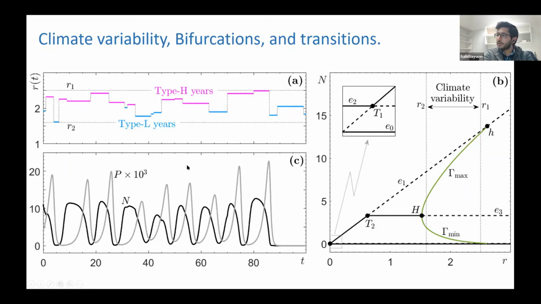So you look at the response of the system over here in subfigure C, and you see the system oscillate a little bit, and then at some point it goes to extinction. And obviously, you can't explain this behavior from the bifurcation diagram.